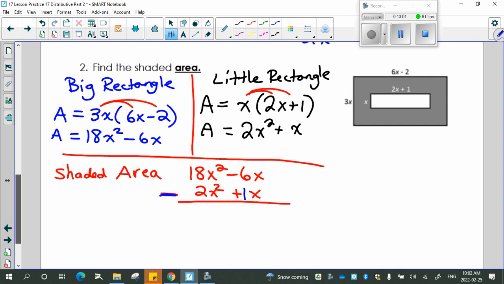You're going to be at negative 7x. Okay? And then 18x squared minus 2x squared is 16x squared. Okay, so the shaded area is 16x squared minus 7x.